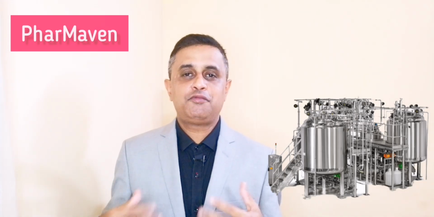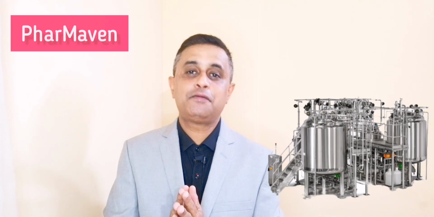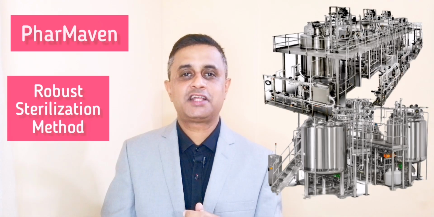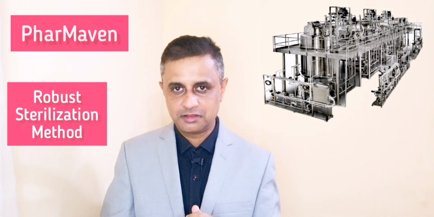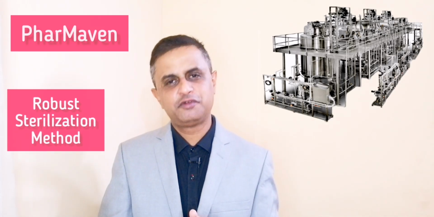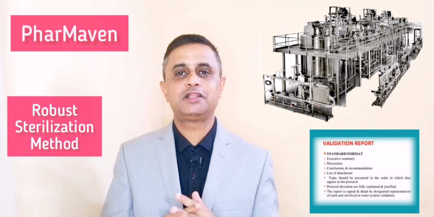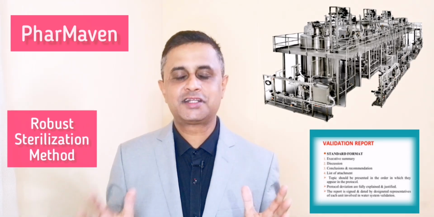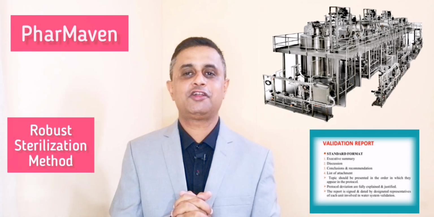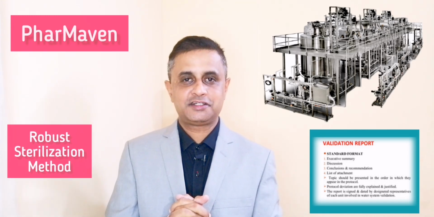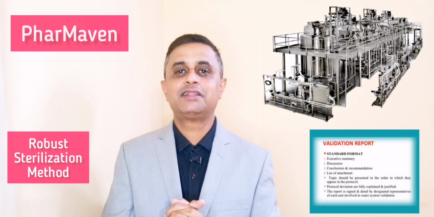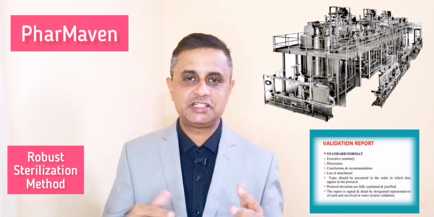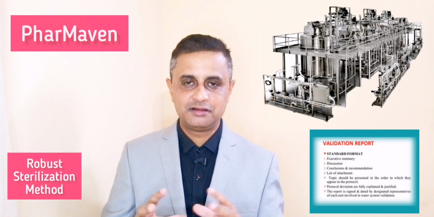When we are going for media fill for a complex manufacturing system, you first have to ensure that your sterilization is robust. When I say robust, it has to be validated considering all the requirements, all the connections, and all the worst case scenarios where, based on your assessment, steam penetration or achieving the temperature may not be possible.